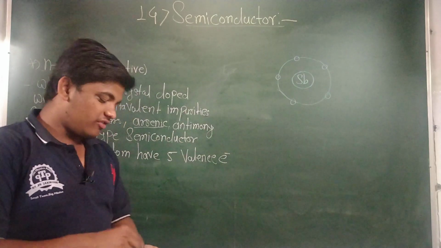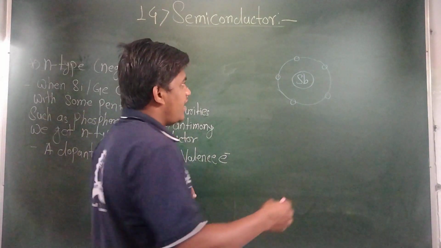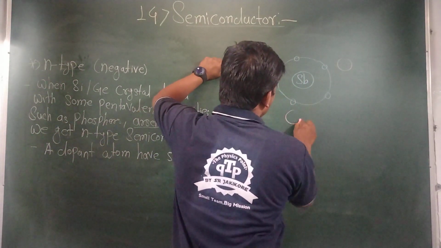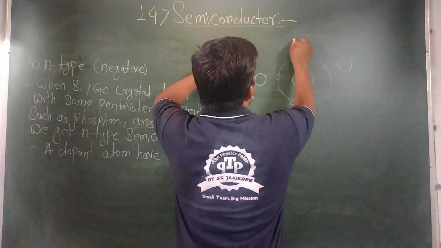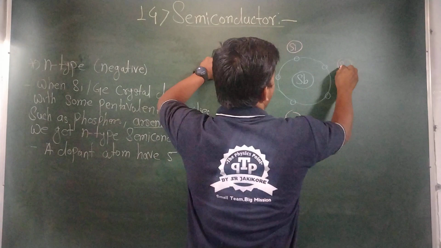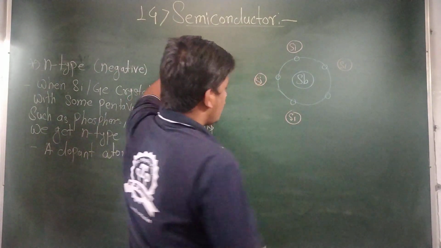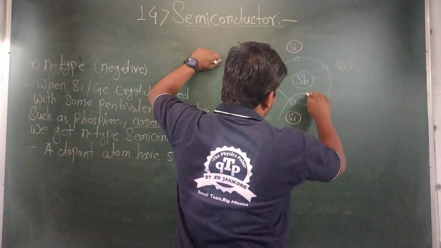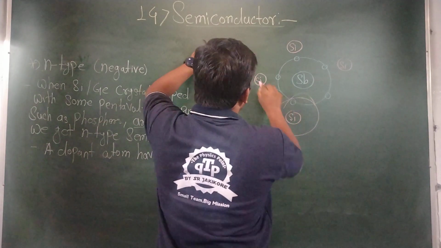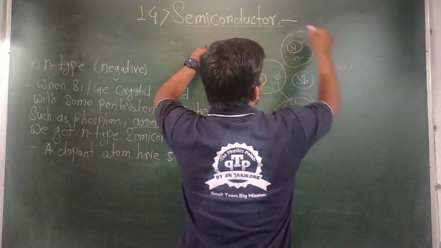Then this antimony is placed in silicon, the pure semiconductor. Consider this is silicon, and these are silicons. Silicon has 4 valence electrons, and these 4 valence electrons make bonding. This is the outermost orbit of that particular silicon.